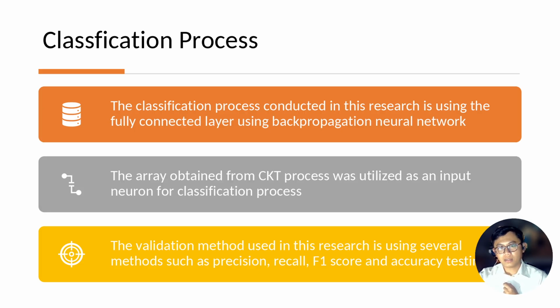The classification process conducted in this research uses the fully connected layer with backpropagation. We know that there are a lot of neural network architectures such as backpropagation, perceptrons, AlphaGo, and many more, but the most used and most famous one is the backpropagation process.